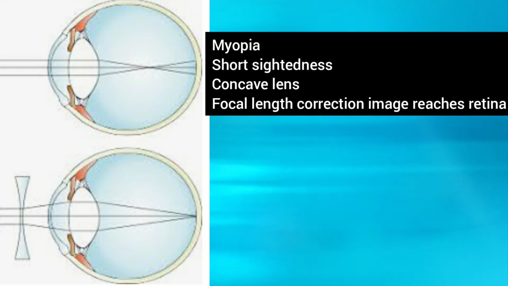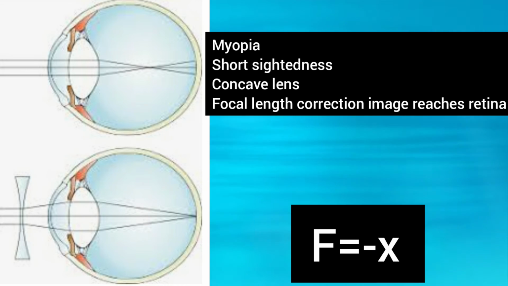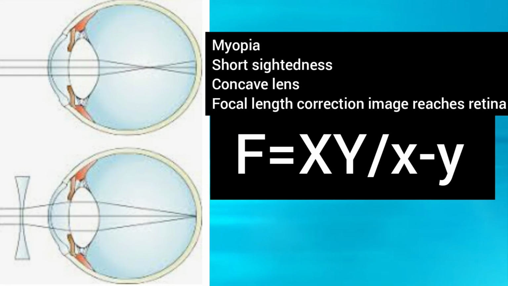For example, if the myopic eye can see up to a distance x, the focal length of the required concave lens is f = -x. If he wants to see up to a distance y, the focal length of the required lens is f = xy/(x - y), where x is the distance the eye can see up to and y is the distance he wants to see up to.